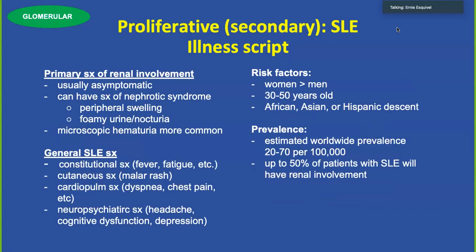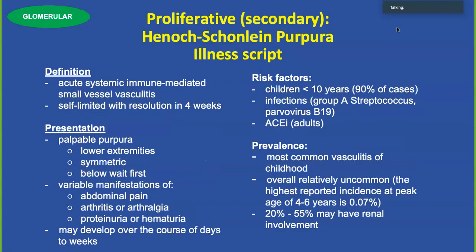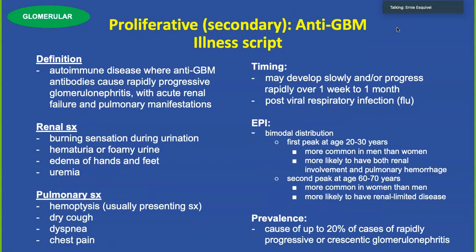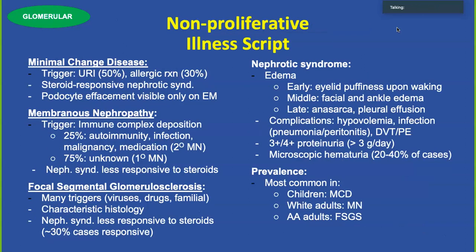Lupus is a very common disease that will manifest in the kidneys. Henoch-Schönlein purpura is a more unusual small vessel vasculitis. And then anti-GBM is another disease that you may have learned about in your renal module.